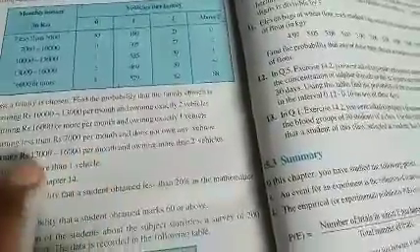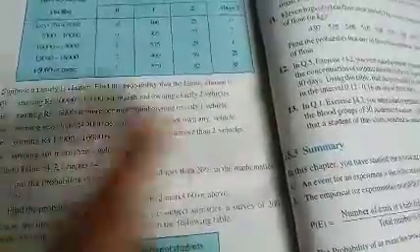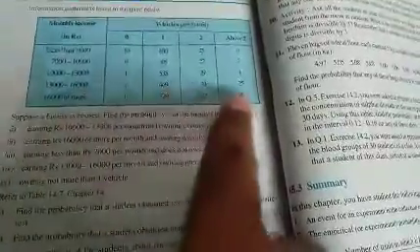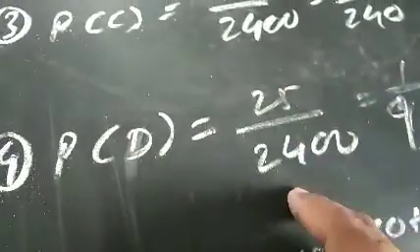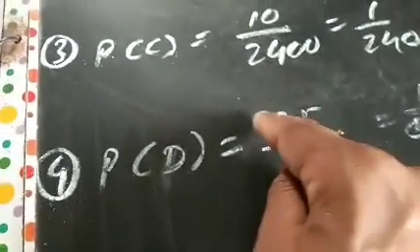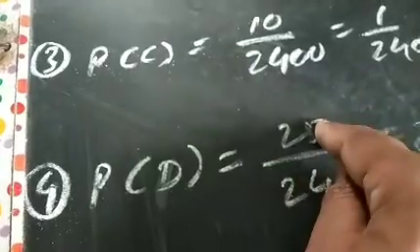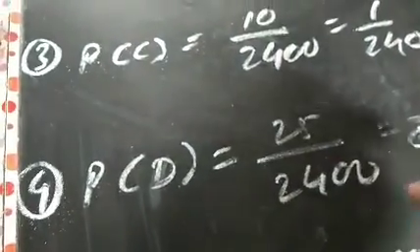So let event D denote the probability of a family earning 13,000 to 16,000 per month and owning more than 2 vehicles. The number of trials in which event D occurs is 25. So P(D) is equal to 25 upon 2400, the number of trials in which event D occurs upon the total number of trials.